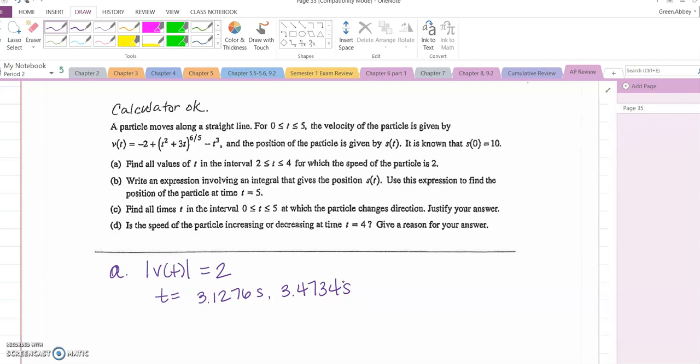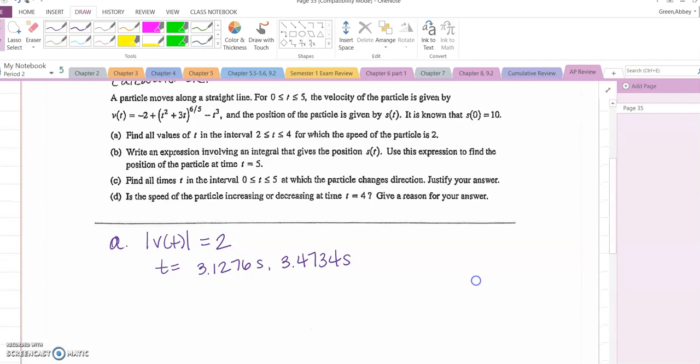Part B. Write an expression involving an integral that gives the position s of t. Use this expression to find the position of the particle at time t equals 5. So s of t is the position. The issue is that any integral will talk about the change in position. So we know they've given us that s of 0 is equal to 10.